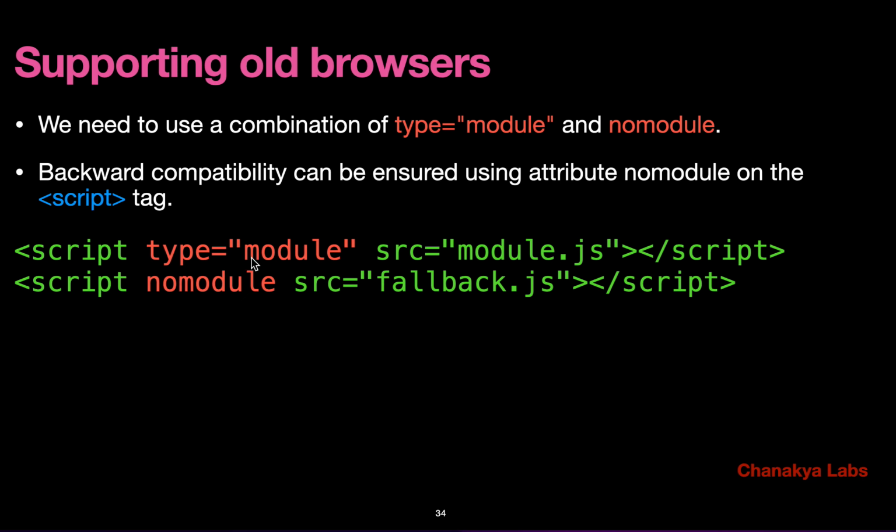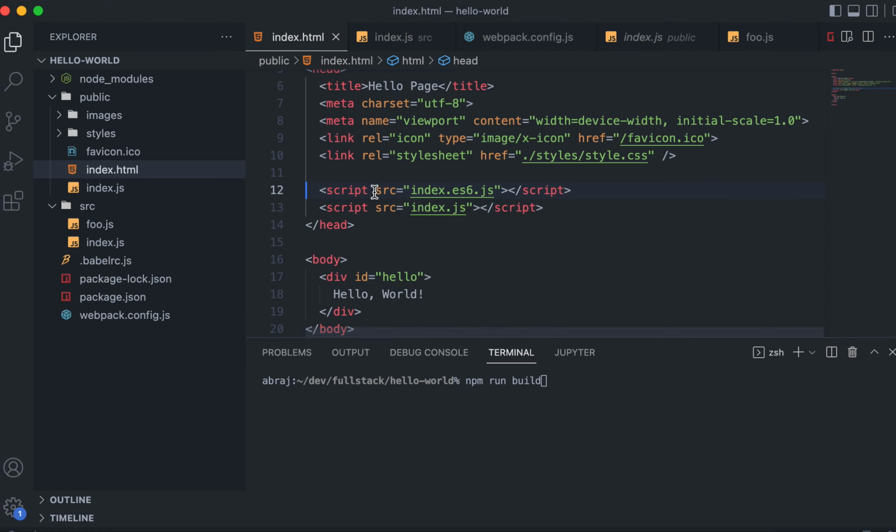And when I write type equal to module, then automatically this file will be treated as module syntax. That is fine. Modern browsers will run this because of module, but I don't want the second file to be run.